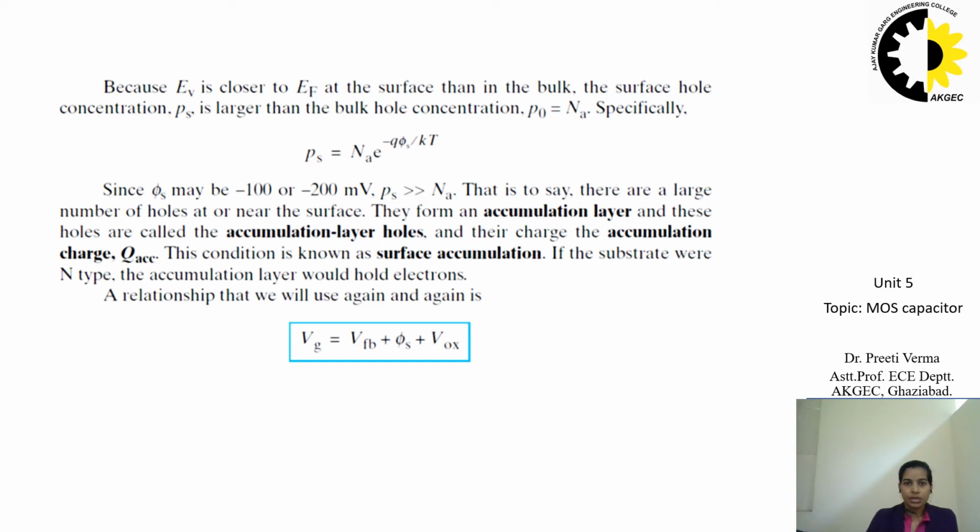If the substrate were N-type, the accumulation layer will hold electrons. A relationship that we'll use again and again is Vg is equal to Vfb plus phi s plus Vox.